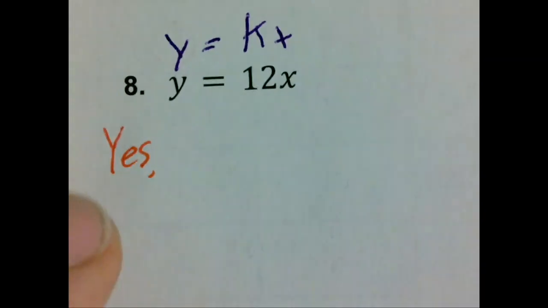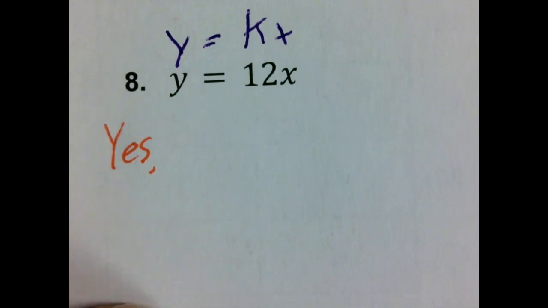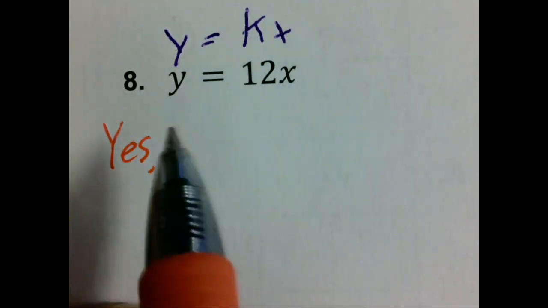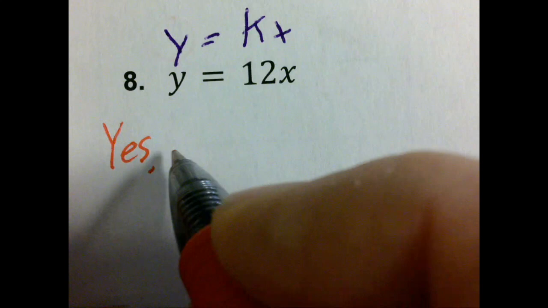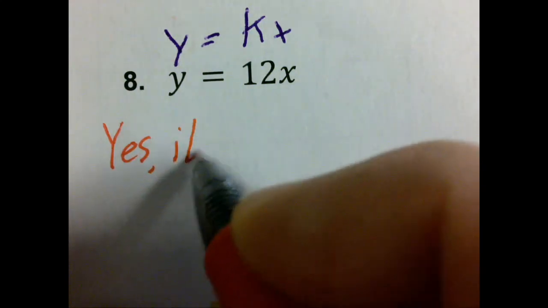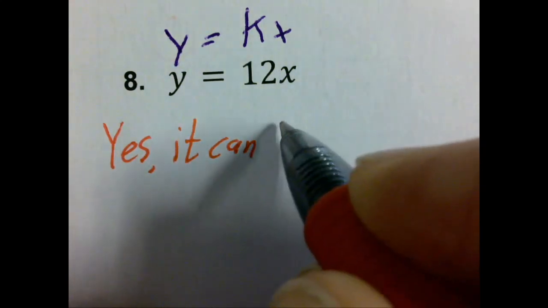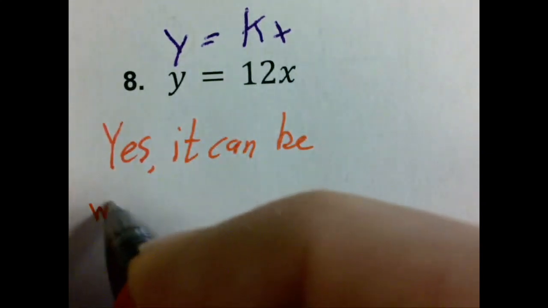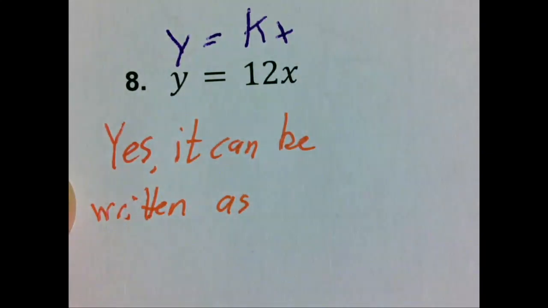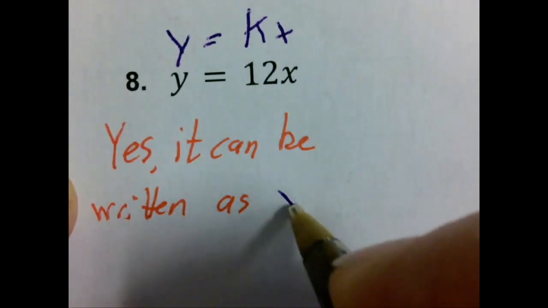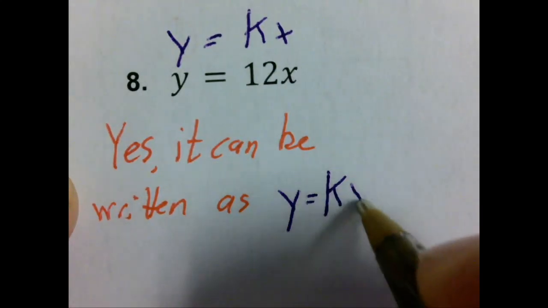And again, as I'm recording this video, I have said at this point in time, you could tell me yes, because there's no adding or subtracting. I will accept that. However, the textbook has us write it this way. Yes, it can be written as y equals kx.